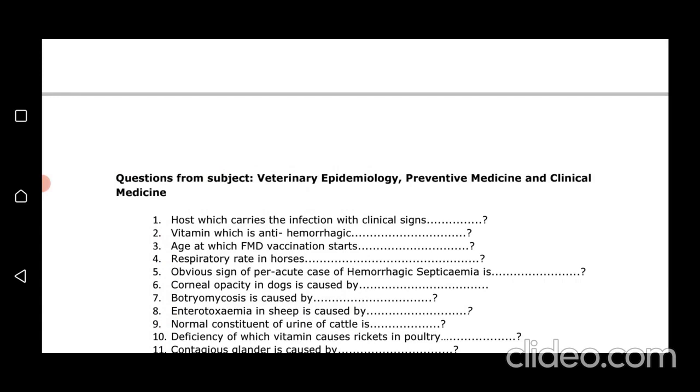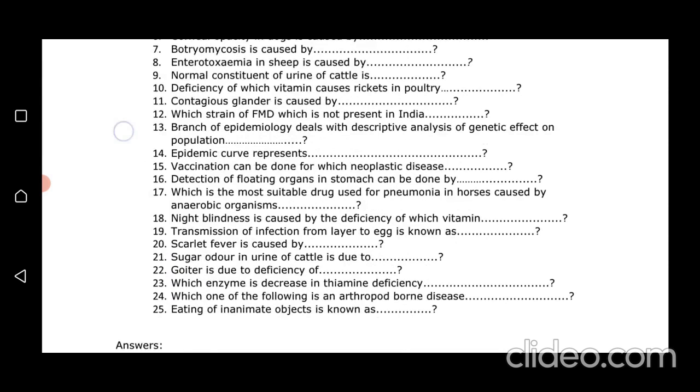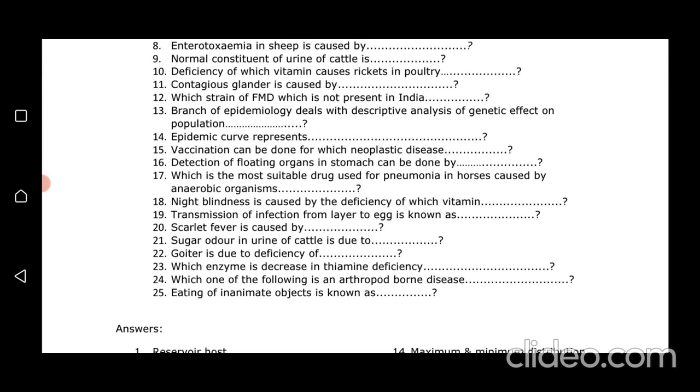Deficiency of which vitamin causes rickets in poultry? Vitamin D. Contagious glanders is caused by Pseudomonas mallei. Which strain of FMD is not present in India? SAT1 is not present in India.